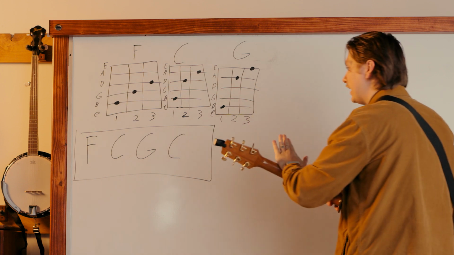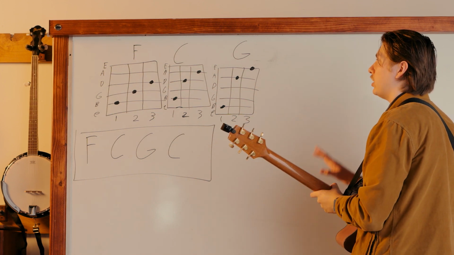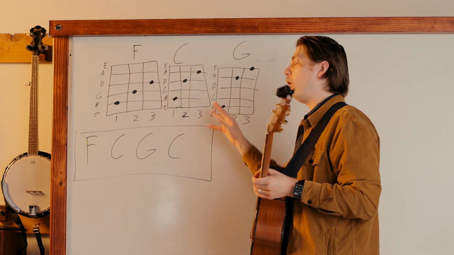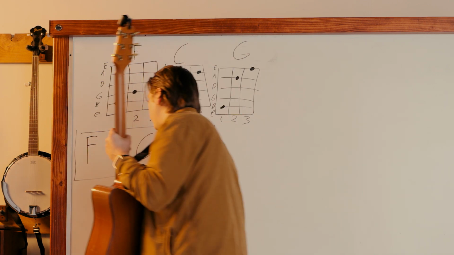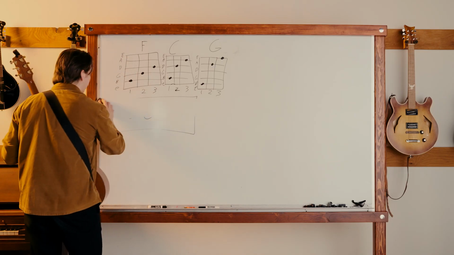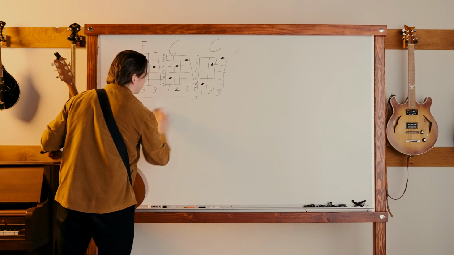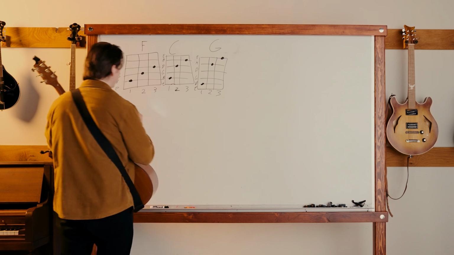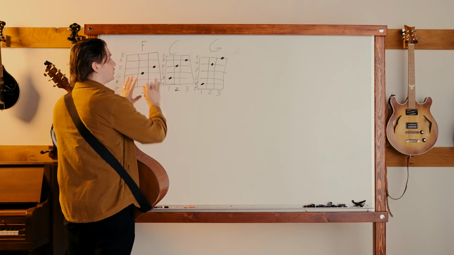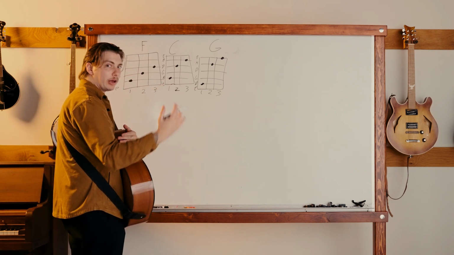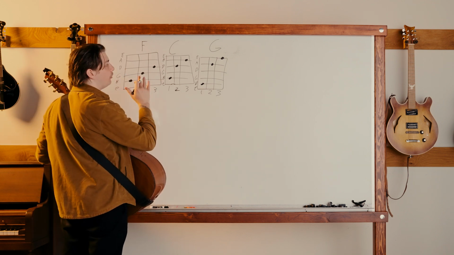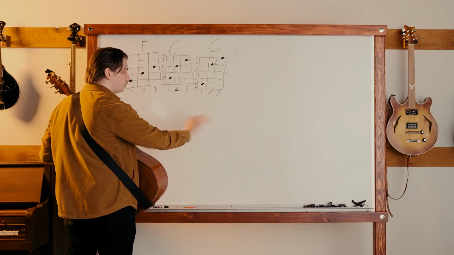Okay, but what we're going to do right now is I'm going to show you guys a way to really make sure that we know how to play all of these chords. So this is going to be our chord progression exercise. Here's what I want you guys to do. You could use this one, or you could make up your own too. We're going to pick 12 of these.